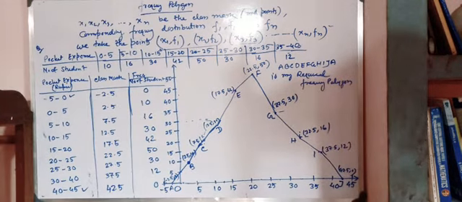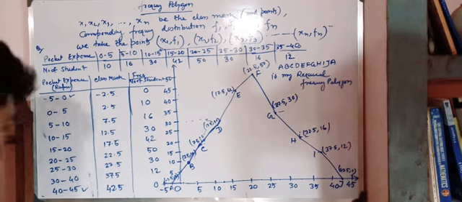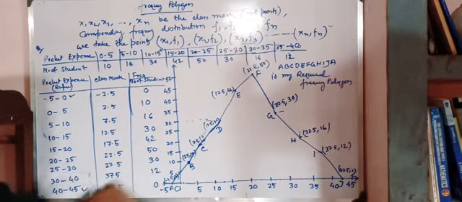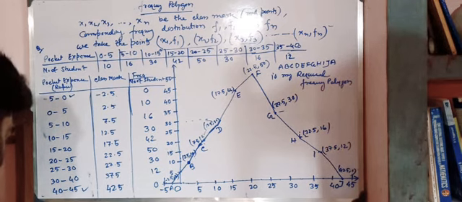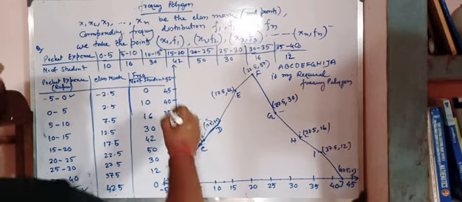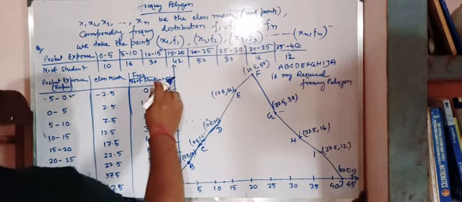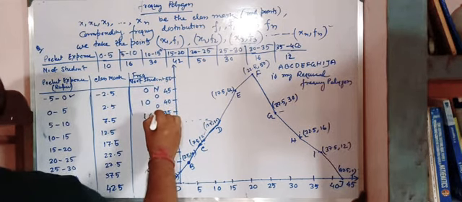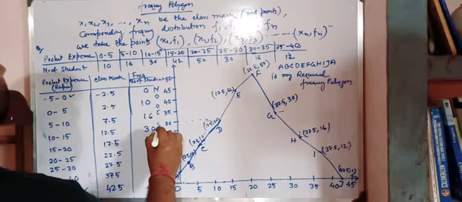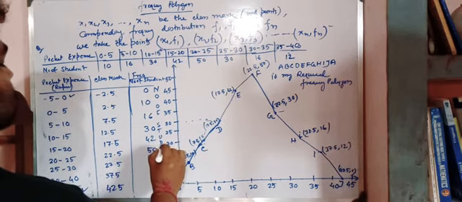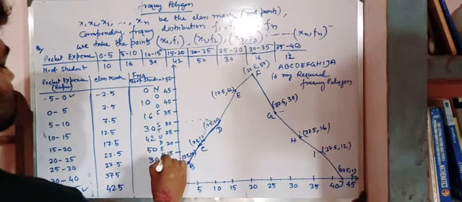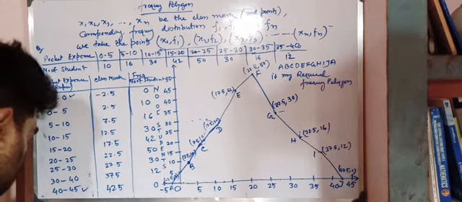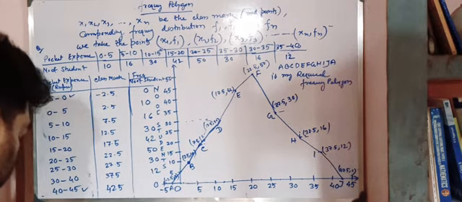Okay, this is the drawing of my required frequency polygon, where along this vertical side I am taking the number of students, we have to write it here, number of students, and horizontally pocket expense or class mark.